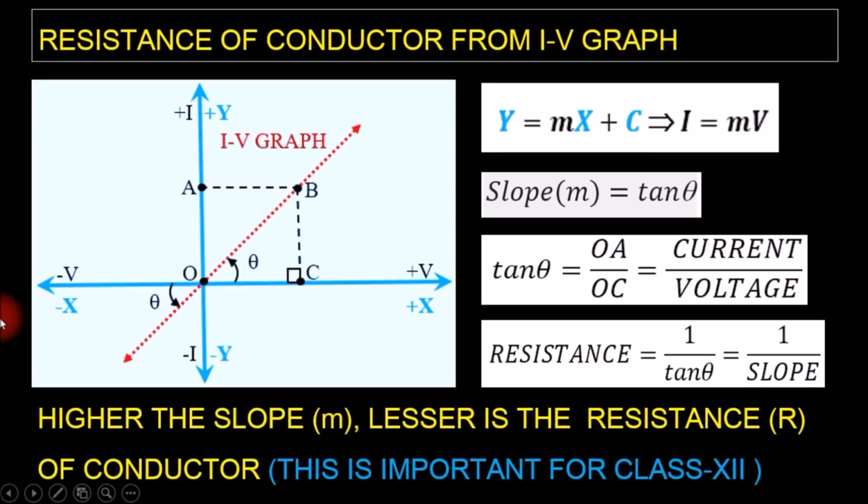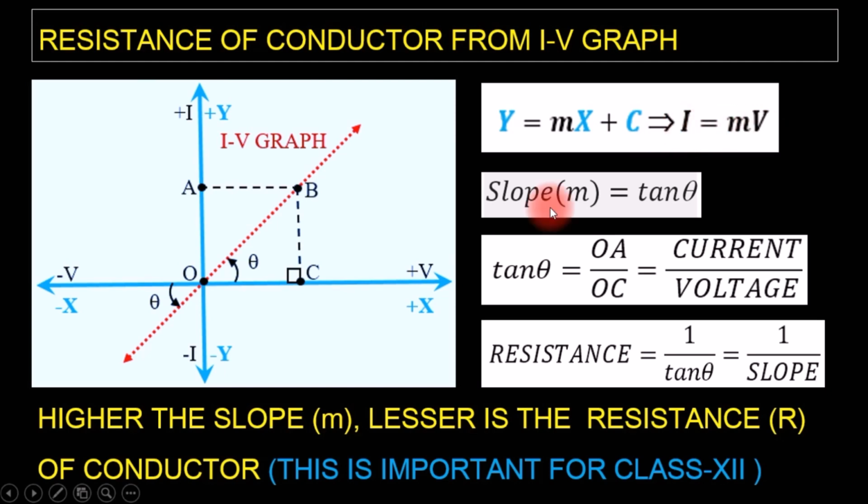Now let us see how you can find resistance of a conductor from its current versus voltage graph, and this red colored dotted line represents current versus voltage graph of a conductor. In this figure, the linear graph is inclined at an angle of theta with respect to x-axis. From y equal to mx plus c, you can get I equal to mV.